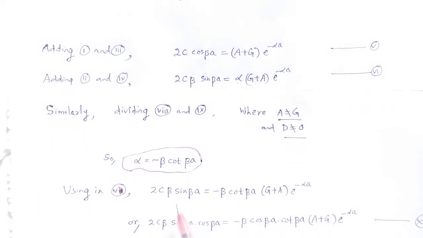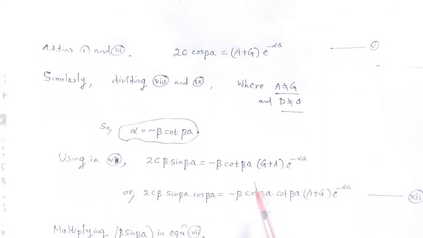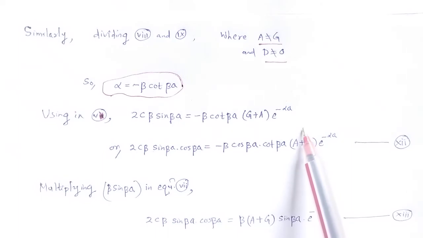So 2c beta sin beta a is equal to minus beta cot beta a of g plus a e to the power minus alpha a.